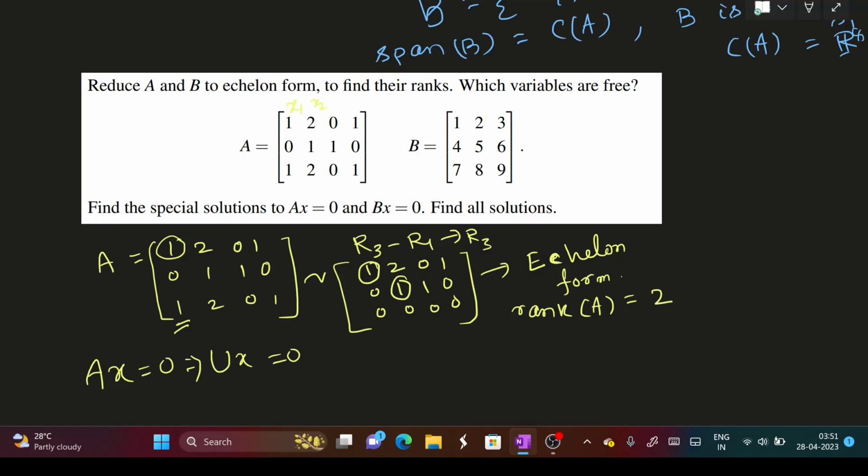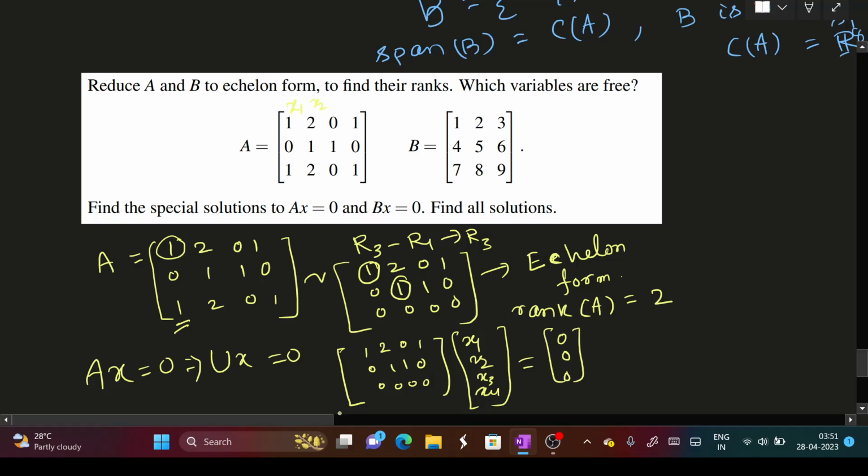That means my first pivot row is 1 2 0 1, 0 1 1 0, 0 0 0 0, into x1, x2, x3, x4, equal to 0 0 0.